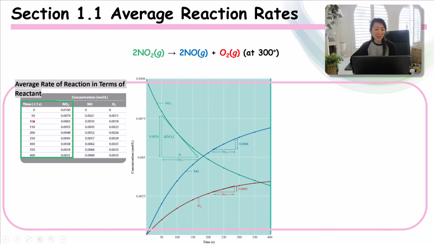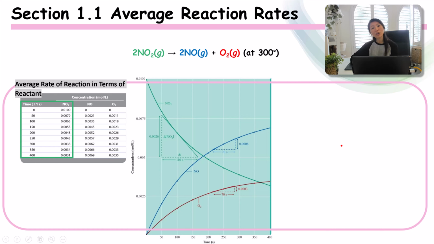The increments here show 50, 100, 150, 200. And you'll notice that on the product side, it is increasing because that is forming as time passes. But we still haven't figured out an actual value for the reactant, right? What is the rate? What is the average rate over a certain period of time?